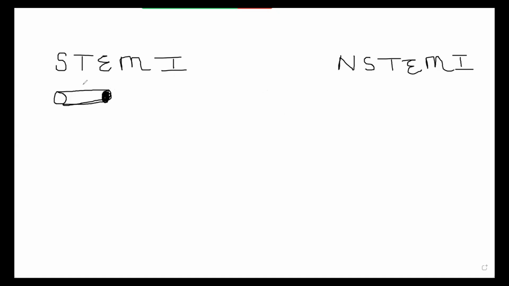This is a complete blockage right here. NSTEMIs are also blockages, but they tend not to be complete, okay? Like it's not 100%, while your STEMIs typically are 100% blockage. So here's the STEMI and here's your NSTEMI.